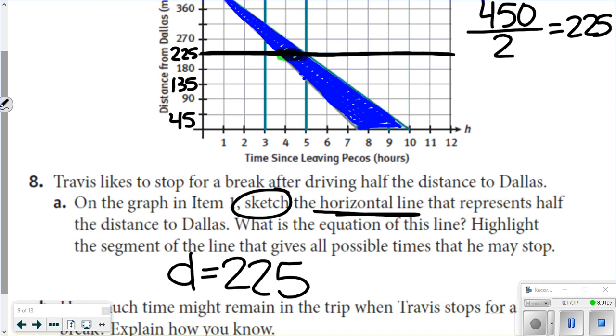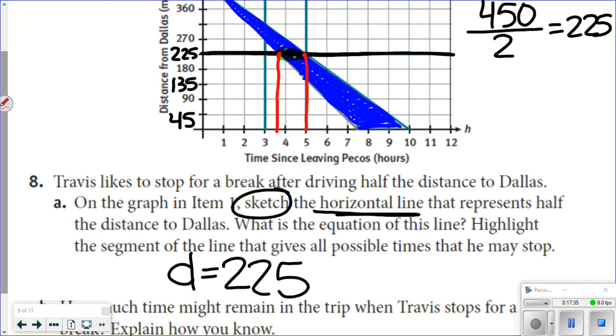How much time might remain in the trip when Travis stops for a break? Explain how you know. So I'm going to kind of look with my eyes. Where do they intersect right here? Kind of bring it down. And then where do they intersect right here? Bring it down.